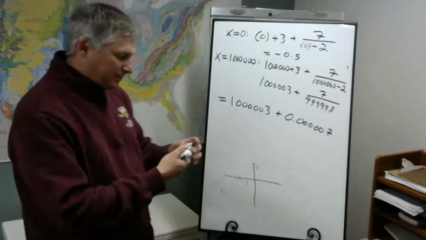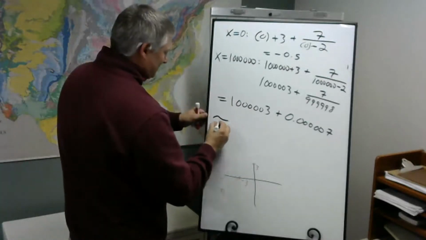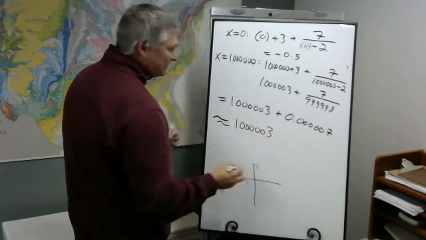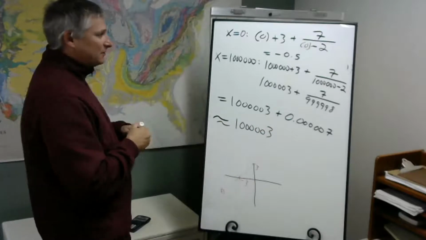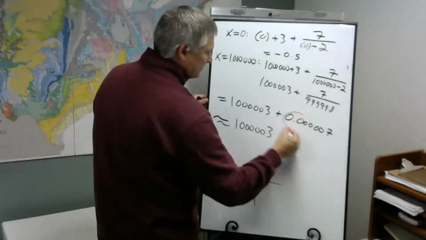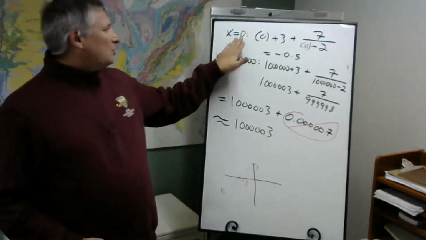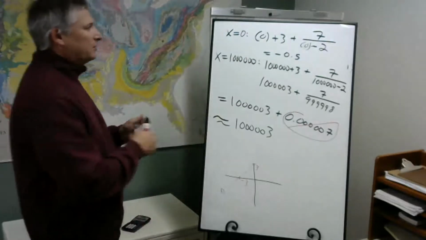And so this becomes, for all practical purposes, just 1,000,003. We can ignore the large values of x, the remainder term. When we're close to, say, x is 0, the remainder term is very influential.